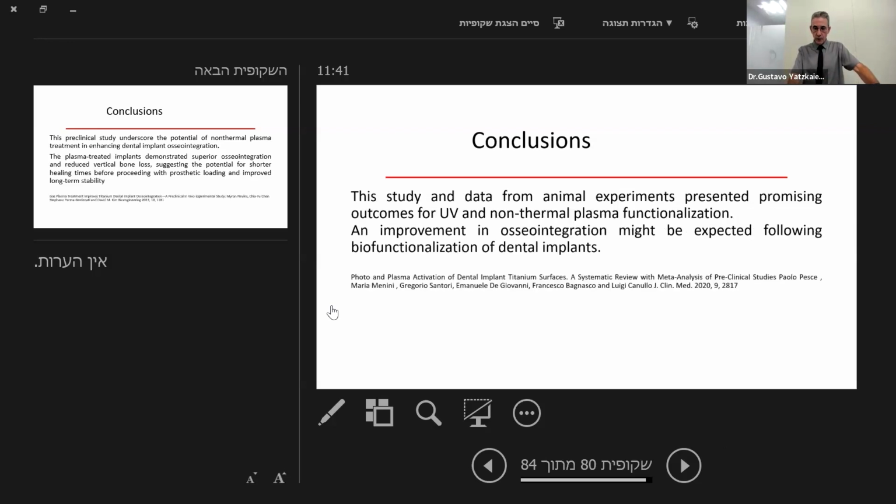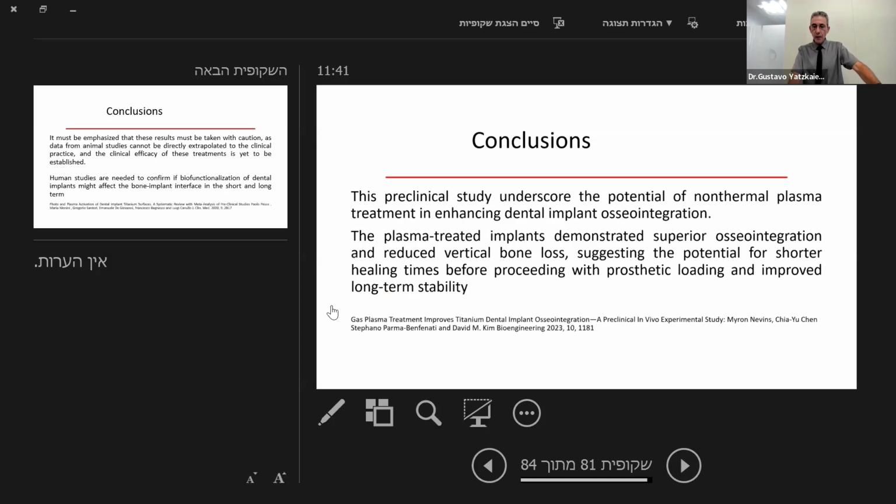This biofunctionalization: I want to present a work of Paolo Pesci from Italy. This group also found that plasma functionalization improved the osseointegration.